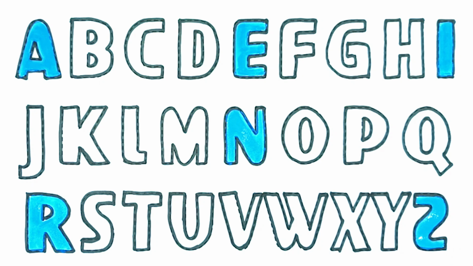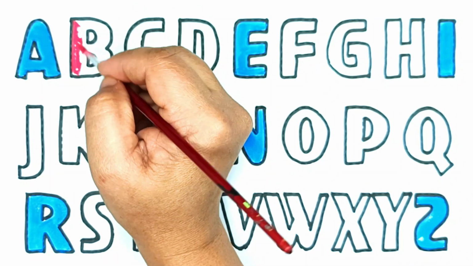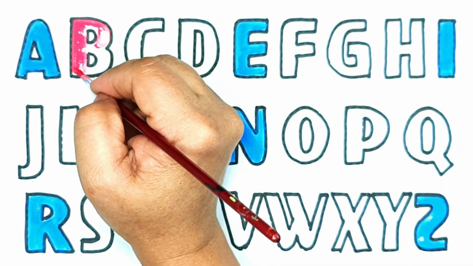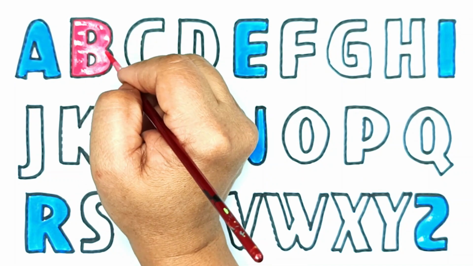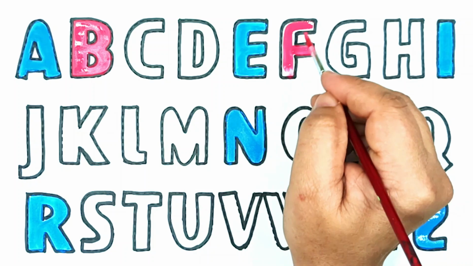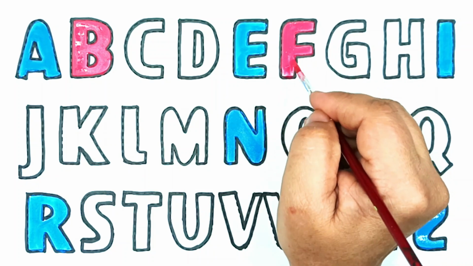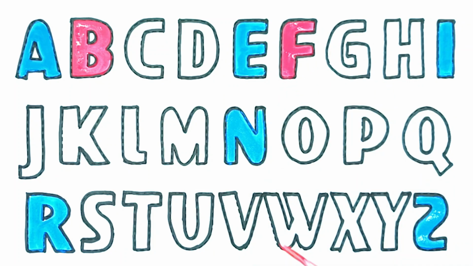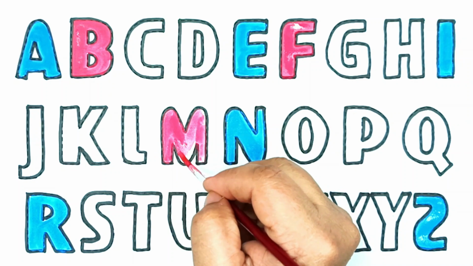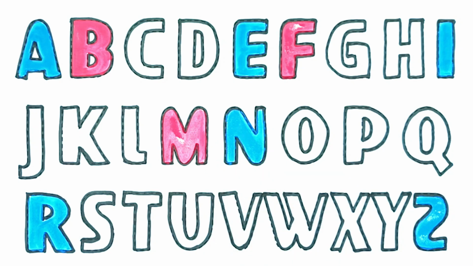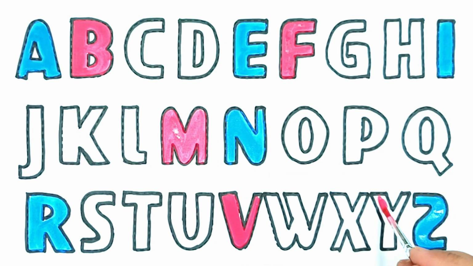C for zebra. B for ball. F for frog. M for man. V for van. Y for yacht.